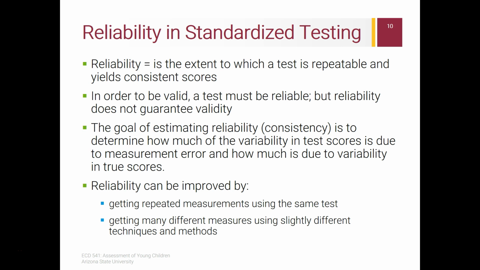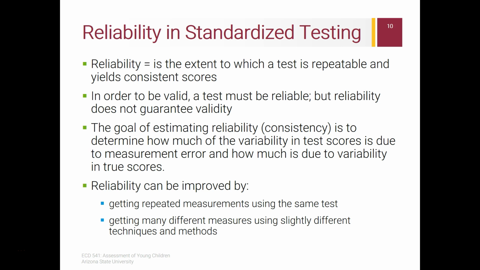As you may have gathered from my comments, reliability is the extent to which a test is repeatable and yields consistent scores. In order to be valid, a test must be reliable, but reliability does not guarantee validity.